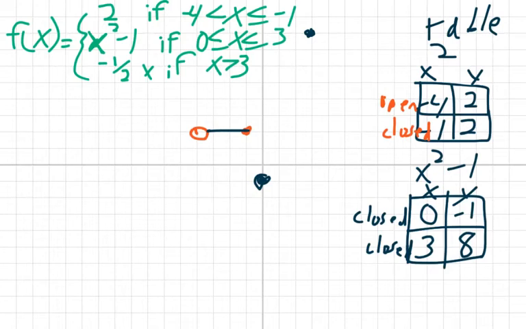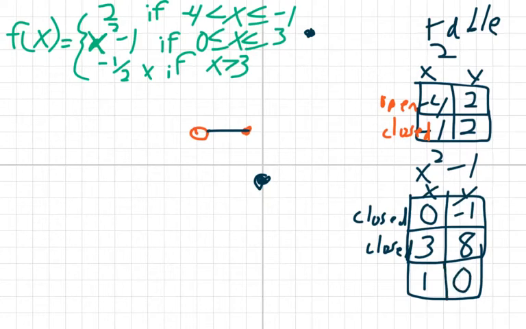Now I know it's a quadratic, so I can't just connect these. I'm going to do a couple other test points. So what if I would plug in, for instance, 1? See, this is where the quadratic's going to go. I just don't know exactly what it looks like until I plug in some more test points. So 1 squared minus 1 is 0.